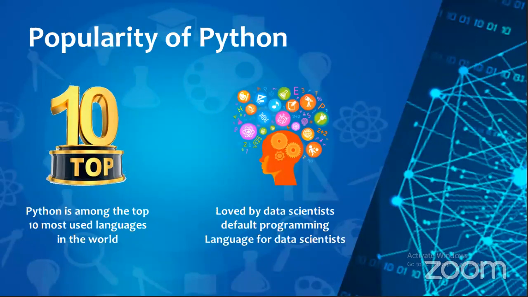Popularity of Python. Python is the world's number one programming language as per the IEEE standard, the Institute of Electrical and Electronics Engineers. According to that organization, Python is the world's number one programming language. This style and simplicity are already loved by lakhs of people in the market.